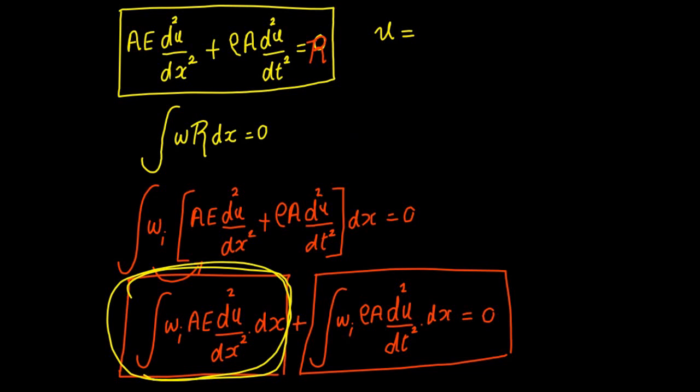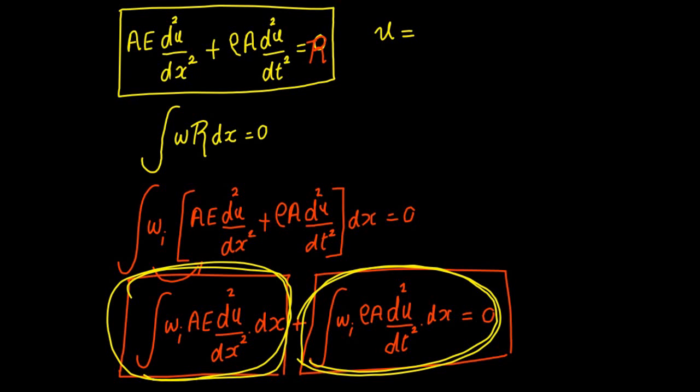So in the next case, I have to operate on this term. If I operate on that term, I'll be getting the mass matrix. All I have to do is operate on this term, the integral of Wi rho A into d squared u by dt squared into dx.